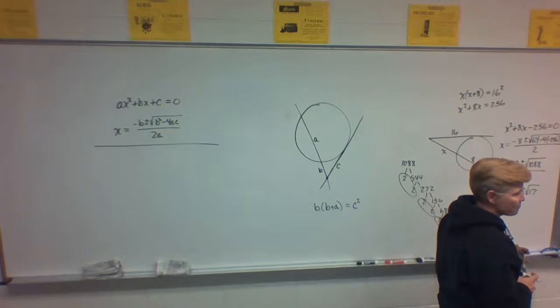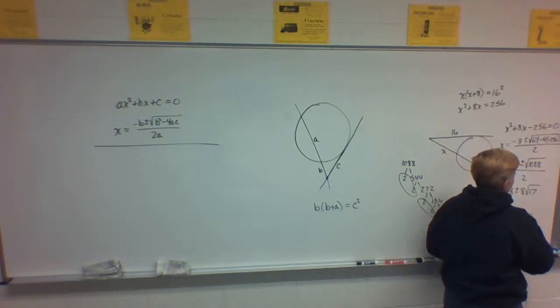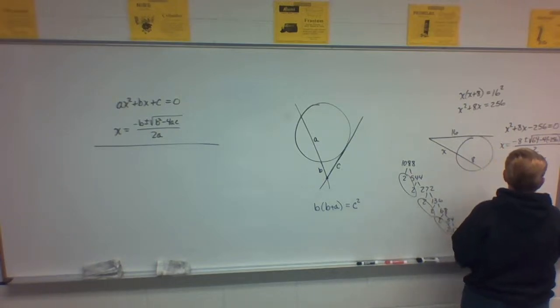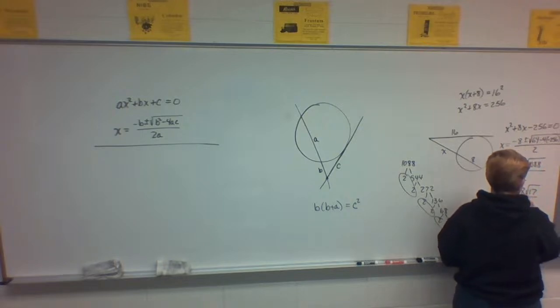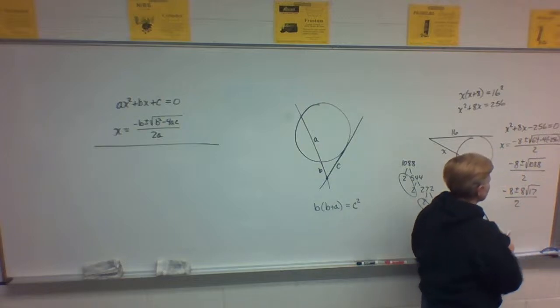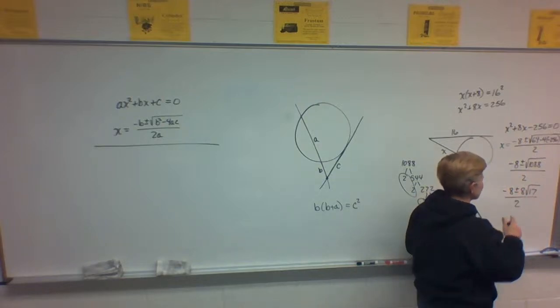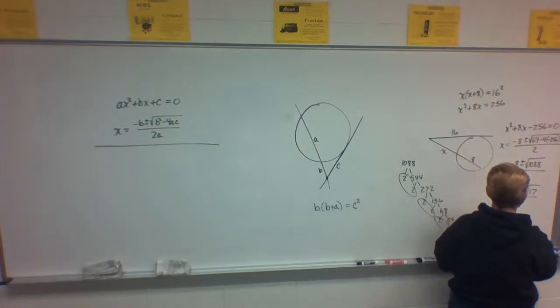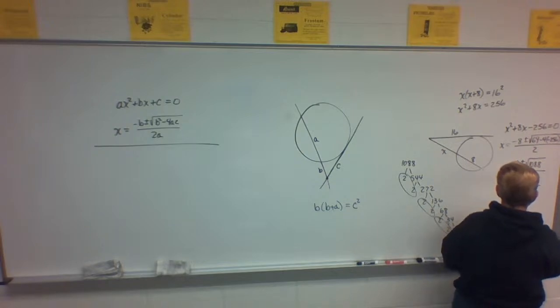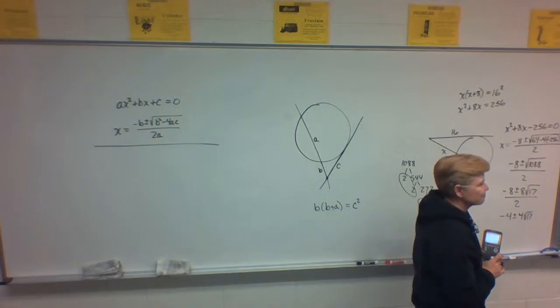You see that? Okay. Now, if I divide that thing by 2, as I got 3 terms here, this one, this one, and that one, and they all have a 2 in them. So if I cancel a 2 out of everything, I get -4 plus or minus 4 root 17. Do you agree with that? Yeah.